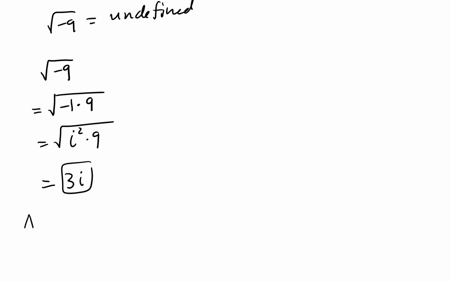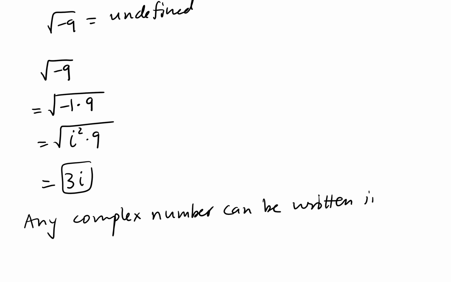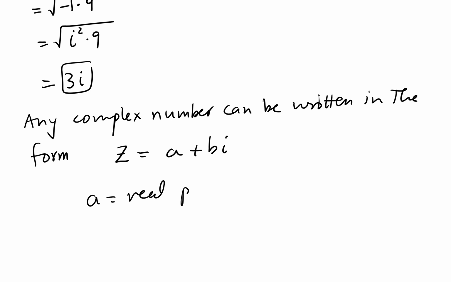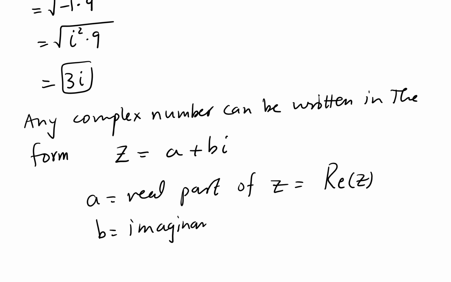Any complex number, in general, can be written in the form z equals a plus bi. a is the real part of z, and we usually write it Re of z, and b is the imaginary part of z, so we usually write it Im of z.